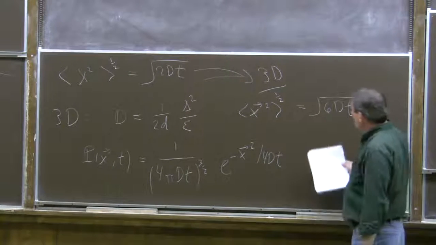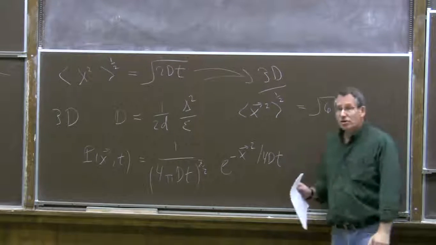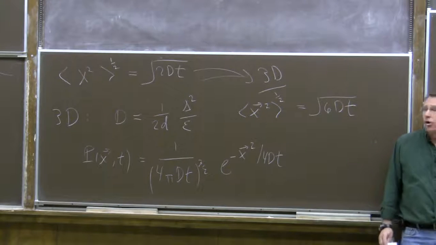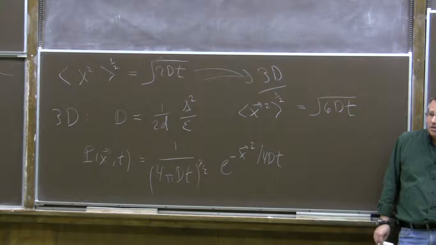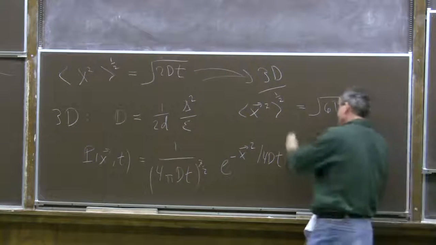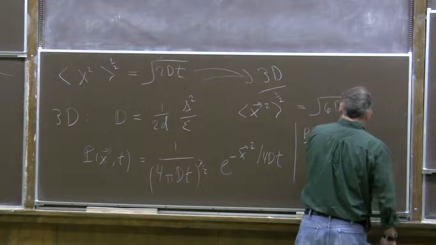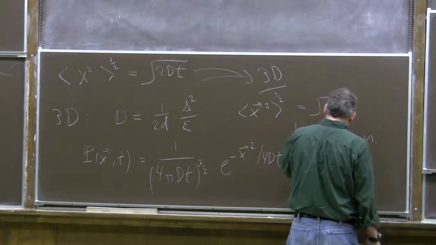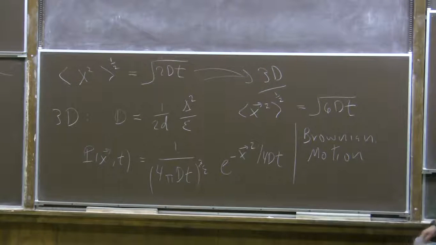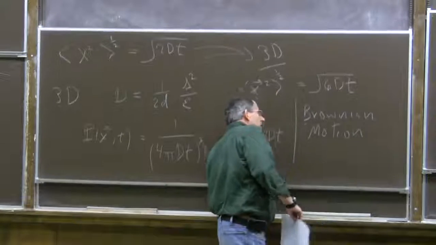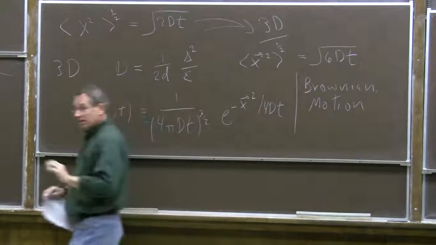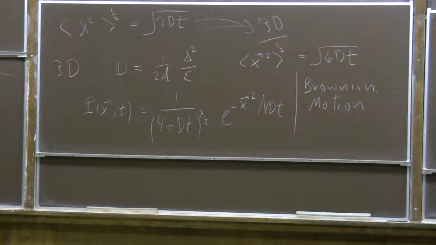So what Einstein realized back in 1905 is that we can use this picture of a random walk to understand Brownian motion. The name Brownian motion is aptly chosen because it was discovered by Brown. And he, in the early 19th century, was looking at a pollen grain suspended in water under an optical microscope.